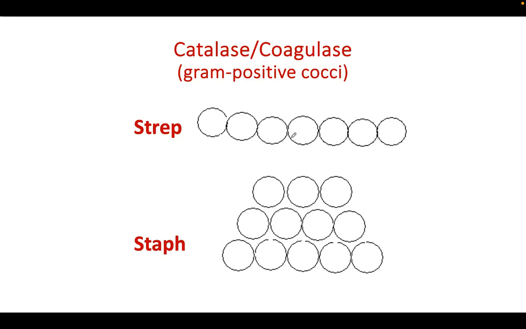Okay, so the catalase positive is going to be staphylococci. Now, which is going to be catalase positive, coagulase positive? Specific species of staphylococci, which is catalase positive, coagulase positive. It's going to be Staph aureus. Very good.